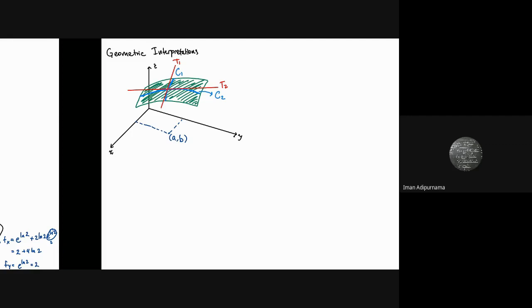Okay, so this is the geometric interpretation of the partial. Let me mark this point here and make it A, B, C.